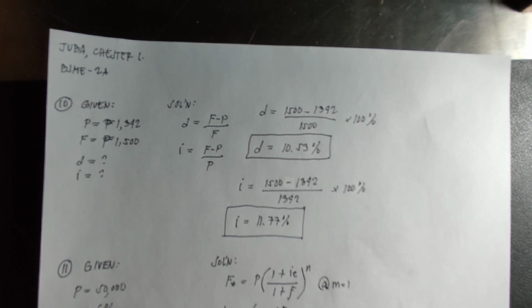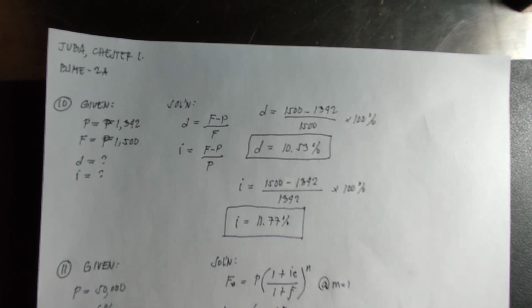So the solution for the discount rate is D is equals to F minus P over F. Then for I, the interest rate, is equals to F minus P over P. Since we have F and P, our future amount and our principal amount, let's substitute the two values.